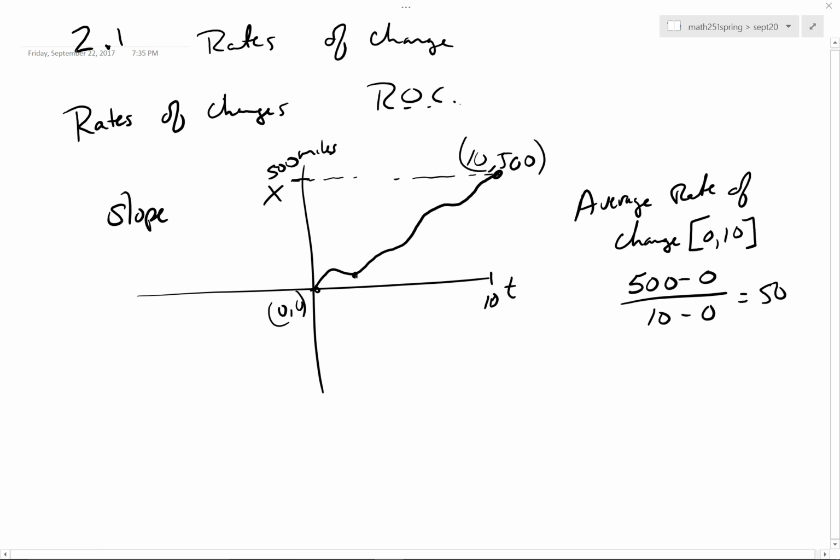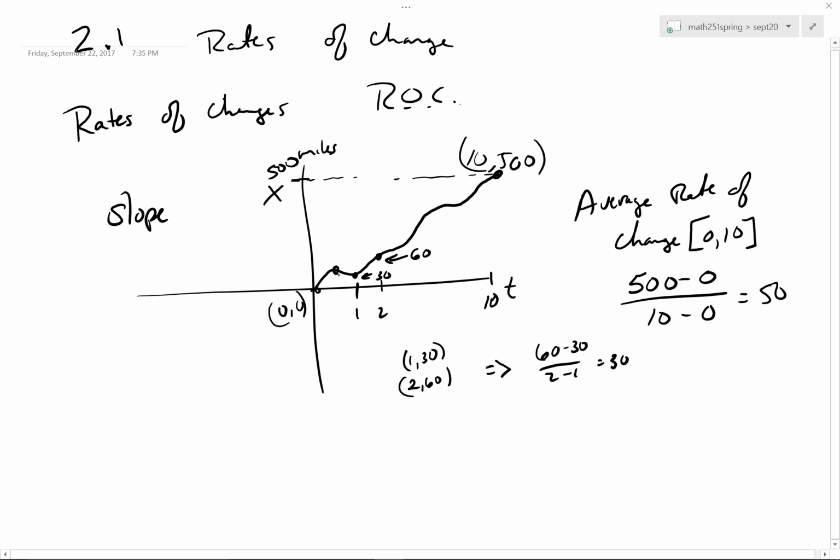However, had you done it from 1 hour to 2 hours, and this is 30 miles and that's 60 miles, then that's the point (1, 30) and the point (2, 60), and you do the slope: 60 minus 30 over 2 minus 1, so your slope would be 30 there.